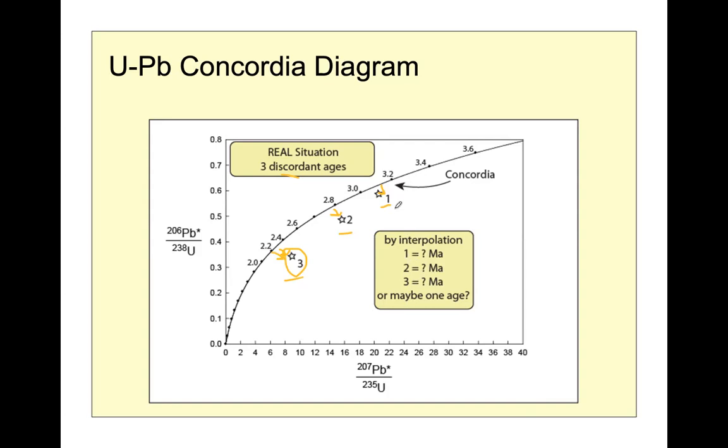So you can have such ages. And also, since they represent a systematic behavior, you can draw a discordia line. You can draw a discordia line and get a lower intercept as well as upper intercept, right? So lower intercept may be giving you some metamorphic ages, the age of metamorphism of these 3 points, right?